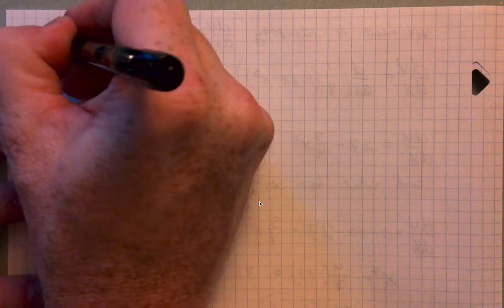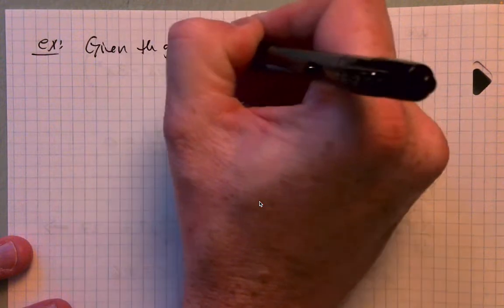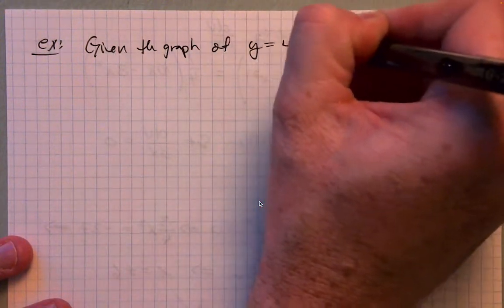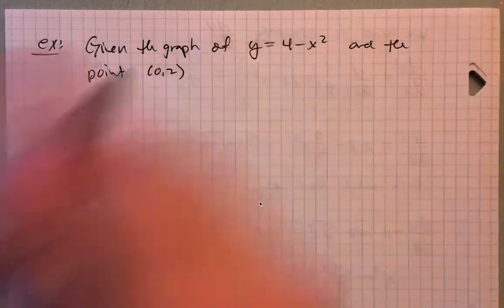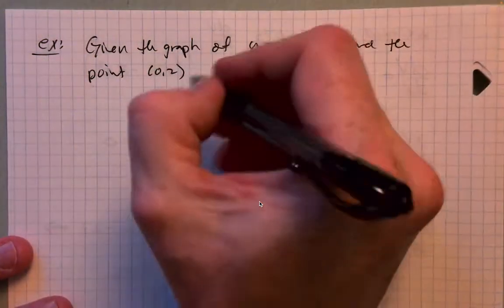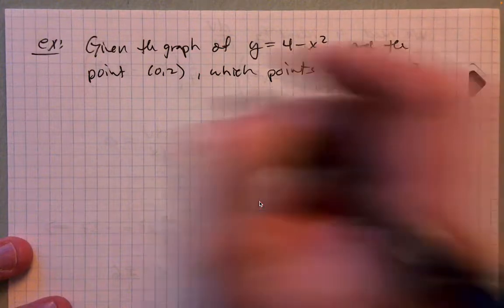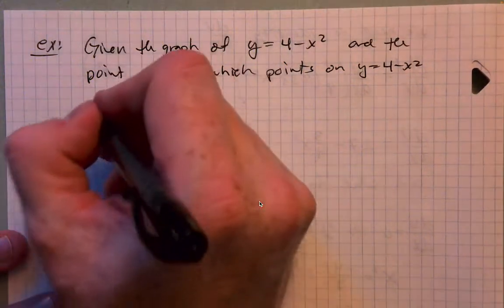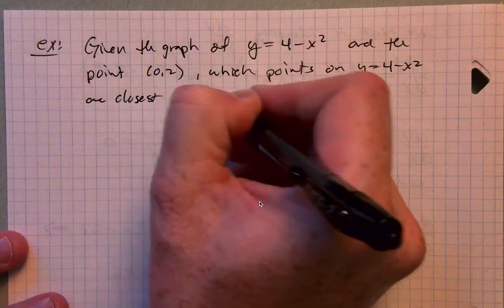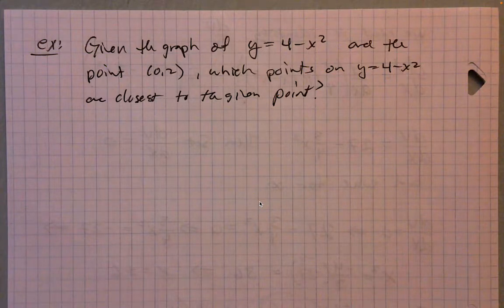So this one says: given the graph of y equals 4 minus x squared and the point 0, 2, which points on y equals 4 minus x squared are closest to the given point?